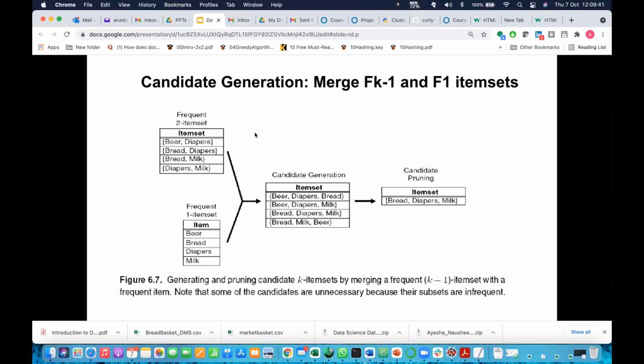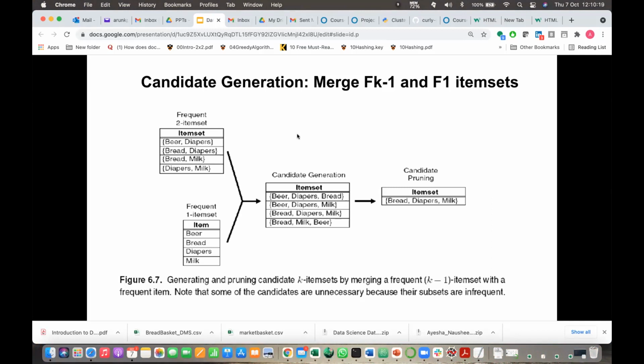That's why first we got F1, then we get F2. To get F3, you already know the 2 frequent item sets, and you need to add one more item. If you add one more item which is frequent, there is a chance that the 3 item set may become frequent, because we don't know how many transactions support them coming together. But if the single item you are adding to the 2 frequent item set is infrequent, the 3 item set will also become infrequent. That's why we don't need to add infrequent 1 item sets.